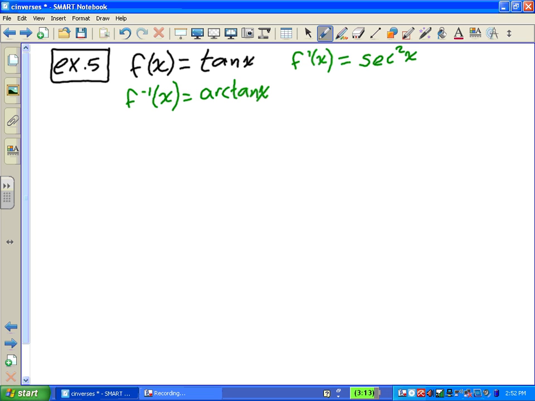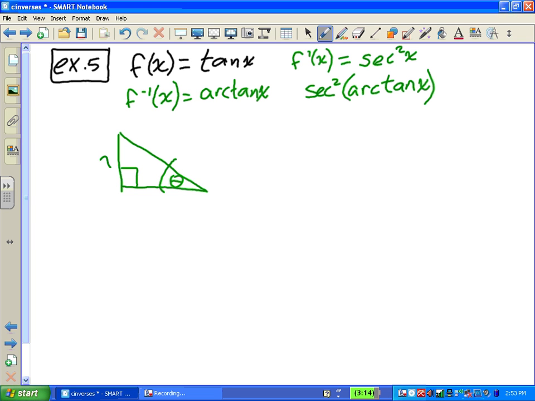And f prime of f inverse is secant squared of arc tan of x. Let's use the triangle method to find a simpler expression for that. So let's draw the triangle with the angle whose tangent is x. Well, here's theta, x over 1. That means the hypotenuse is the square root of x squared plus 1.